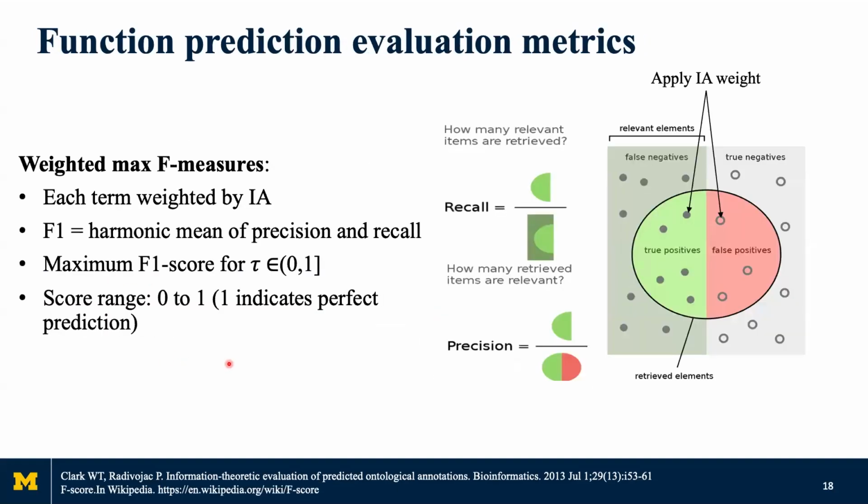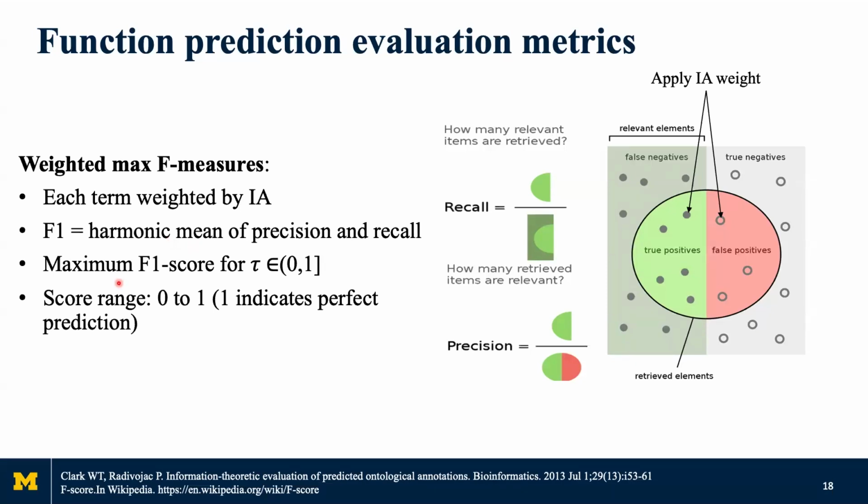Then we use the F1 measurement, which is the harmonic mean of precision and recall, as our final evaluation metric. In CAFA, they have a slightly different standard, which uses the maximum F1 score.